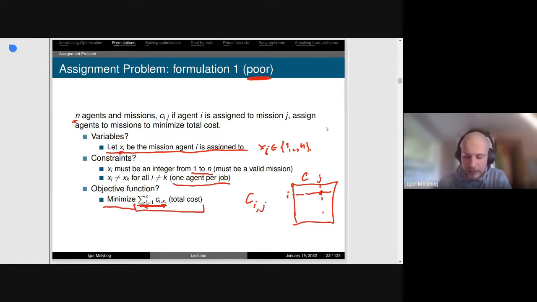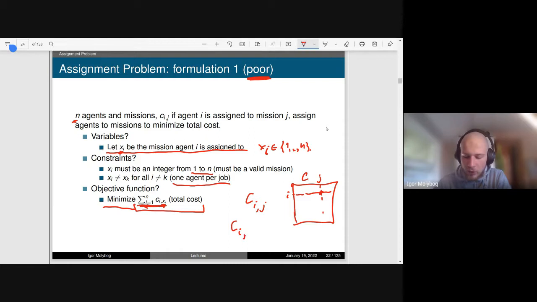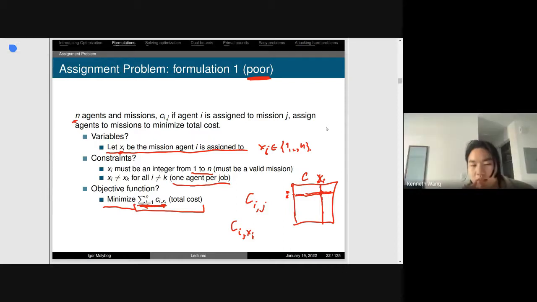When we are writing down ci comma xi, that means that we have a row i, and to each i there is an xi that is from 1 to n. So instead of j, we just write down xi, and this is going to be on the intersection of the row i and the column xi. Does that answer your question? Okay, so I think that makes sense. Yeah.